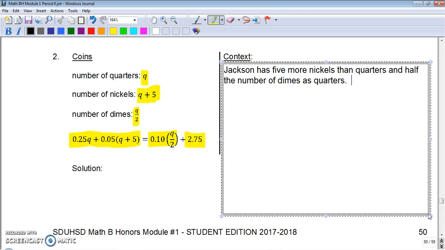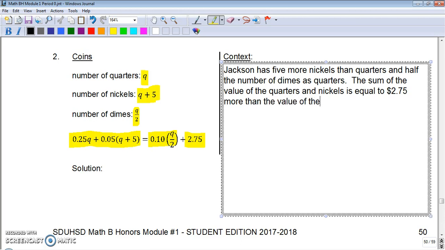Then we'll say that the sum of the value of, so we're basically talking about the left side of the equation, so the value of the quarters and nickels is equal to the number of dimes increased by 275. So it's equal to $2.75 more than the value of the dimes.